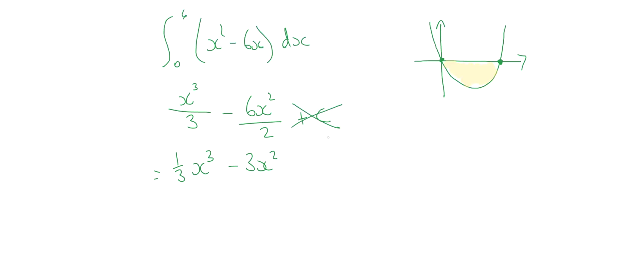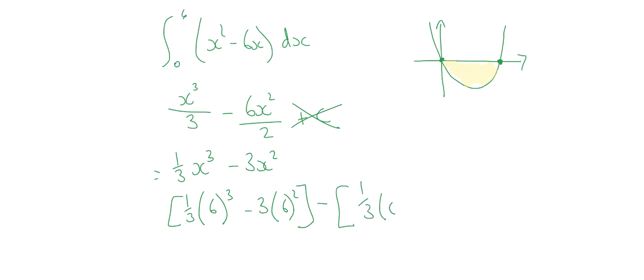So if I just plug in 6 and 0, I'm going to get 1/3 times 6 cubed minus 3 times 6 squared, and I'm going to subtract 1/3 of 0 cubed minus 3 times 0 squared.